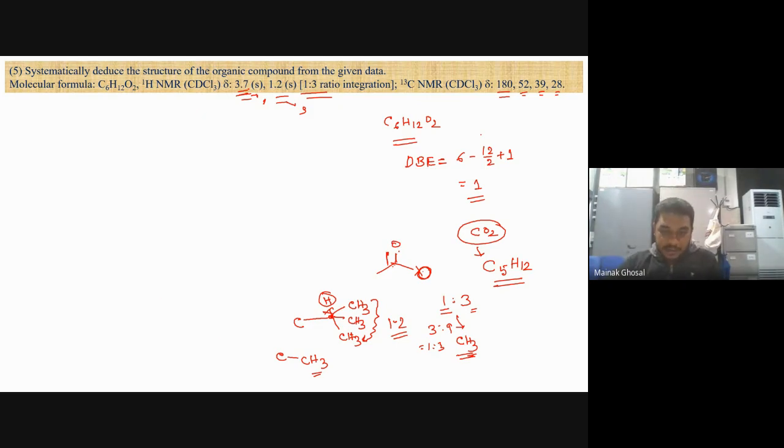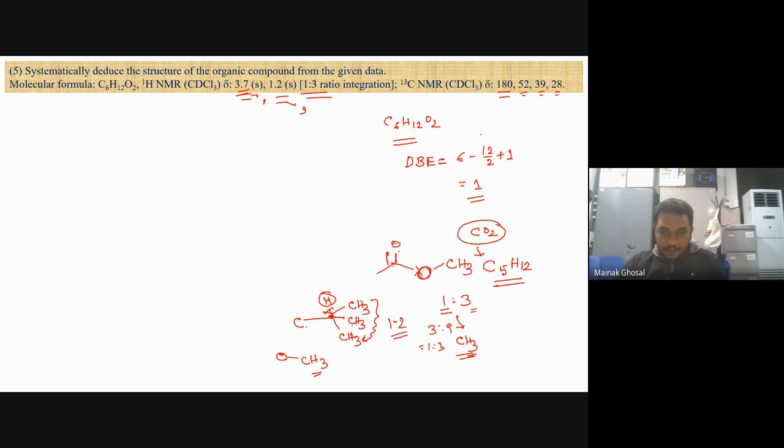It is only possible if it is attached to a heteroatom like oxygen. I have shown that only oxygen is there along with the carbonyl, so there is a chance that it is attached to this one.